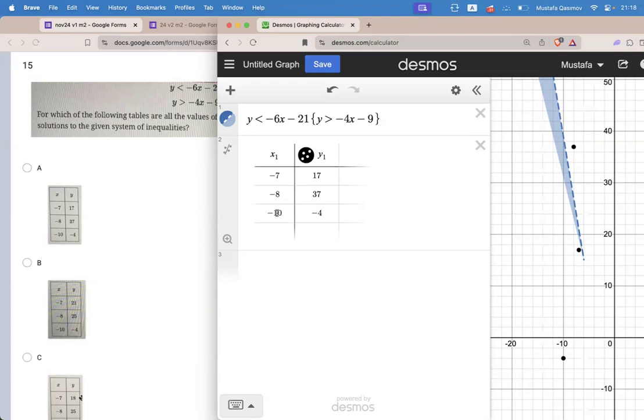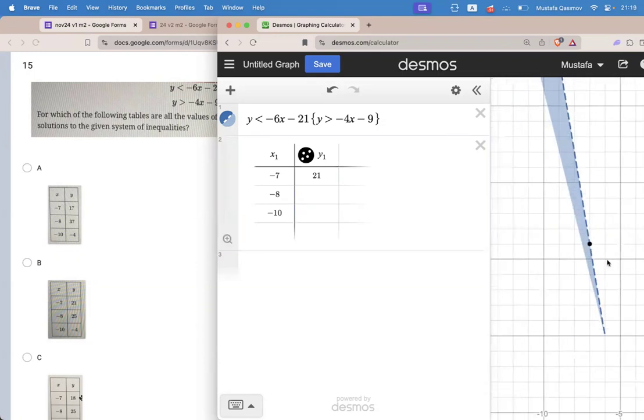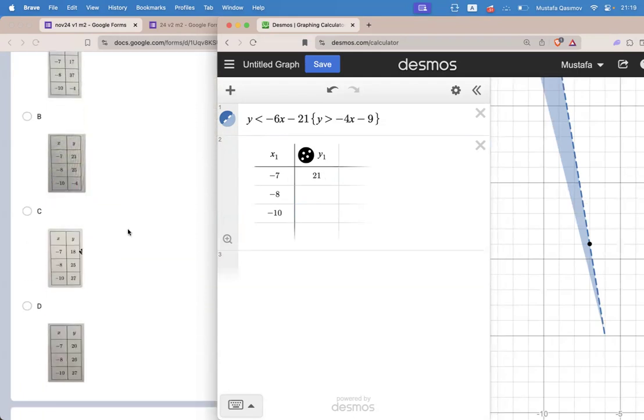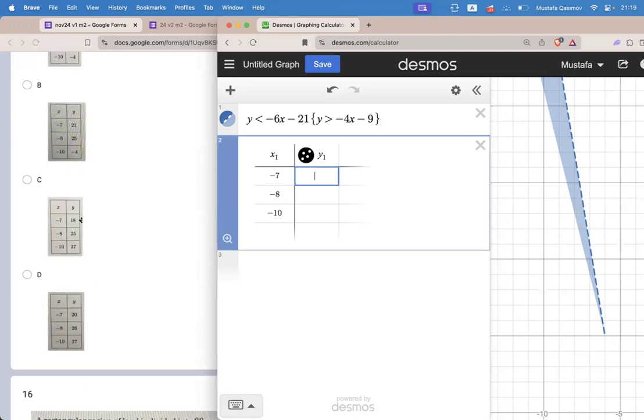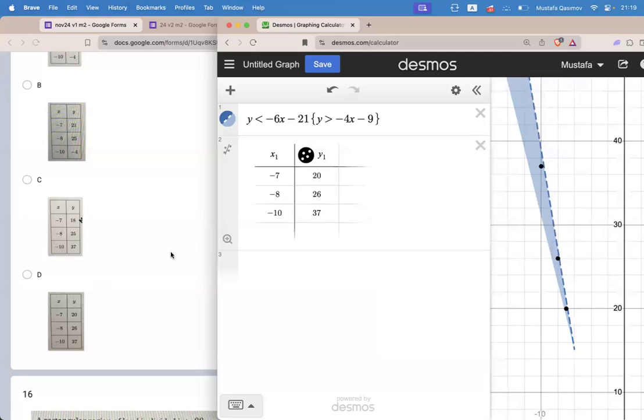Let's look at B. For B, we have here 21. 21 is on the line, but because it is smaller and greater than, we don't have equal here, so it is also not correct. Let's look at C, it is 18. It is also not correct. So let's look at 20, it is correct. Let's look at 26, it's correct. And let's look at 37, it's also correct. So the answer is D here.